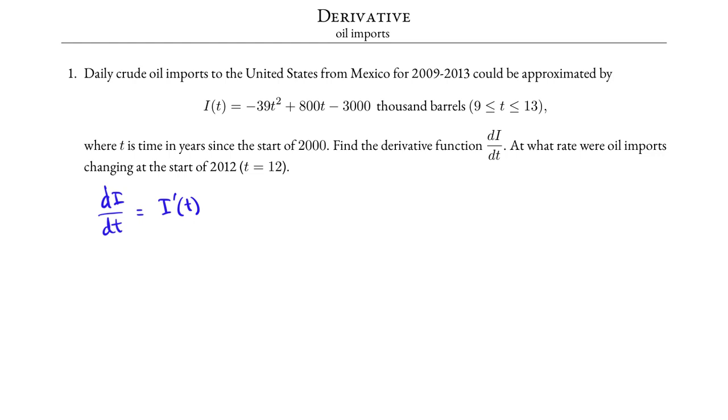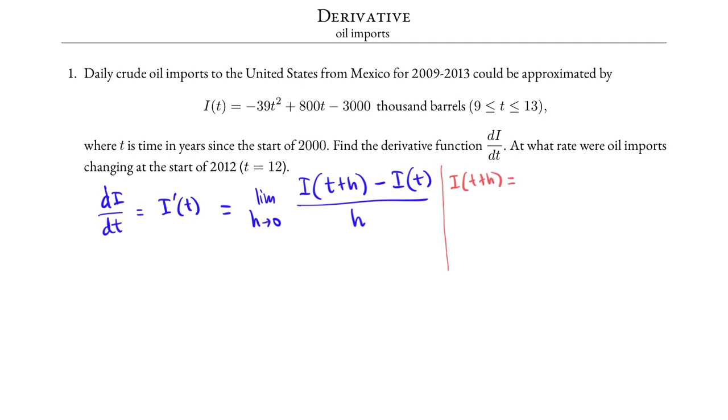In word problems, usually we use the Leibniz notation, d over dt. This is, by definition, the limit as h goes to 0 of I of t plus h minus I of t over h. To evaluate this limit, we need to know what I of t plus h is.